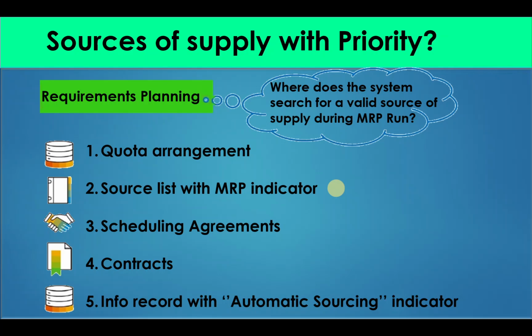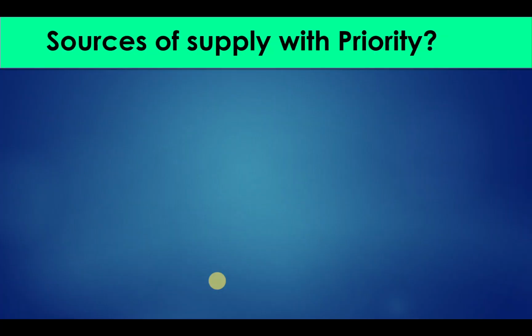Then the scheduling agreement gets the third priority and the contract gets the fourth, so outline agreements combined. And the fifth is the info record, if the automatic sourcing indicator is active. We'll see these one by one, and we will test as well whether these priorities work properly in the system.